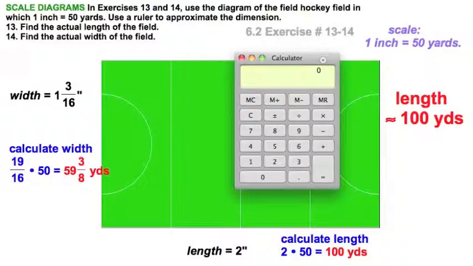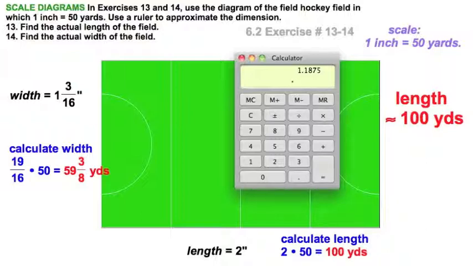If I take my calculator, I could convert the 1 3/16 to 19/16, but suppose you don't like that. Let's just do this. 3 divided by 16. That is the decimal 0.1875 that represents 3/16. So I'm going to add 1 to that. That's 1 3/16 for all you decimal people.